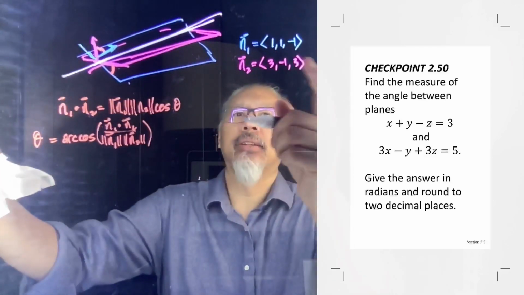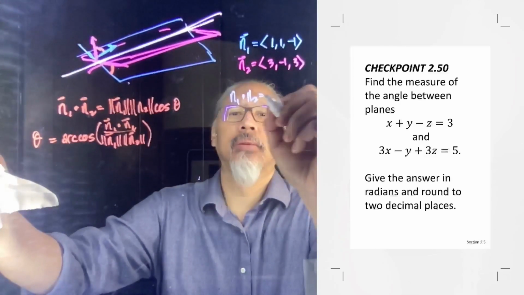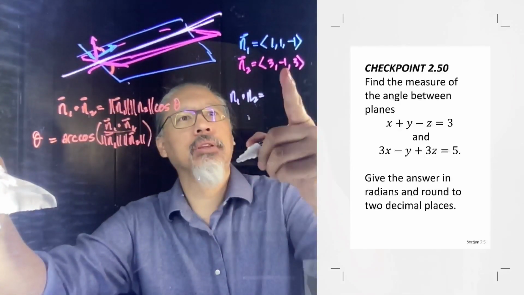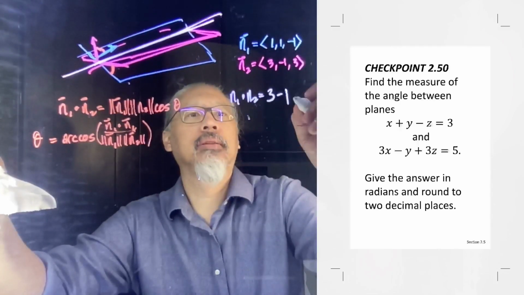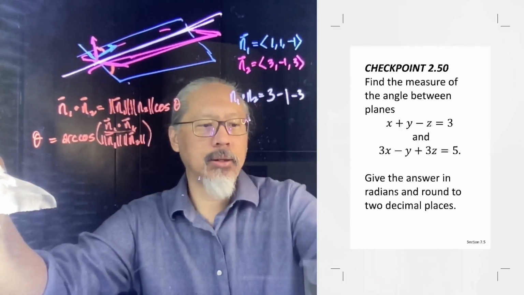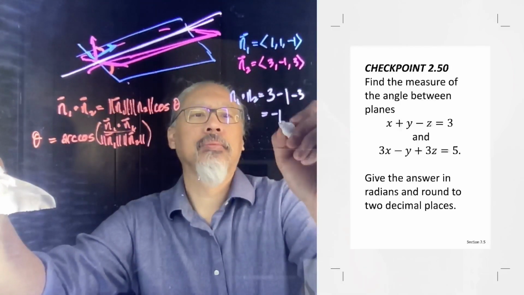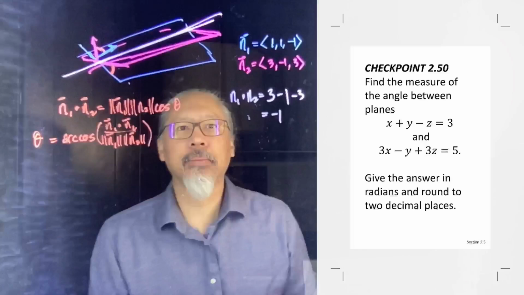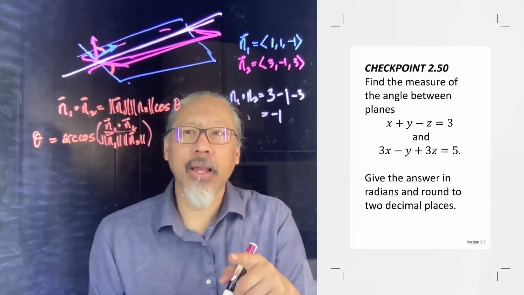Okay, let's find the dot product. n1 dotted with n2 is going to be 3 minus 1 minus 3, which is negative 1. Just a heads up: if it's negative, we know that's going to be an obtuse angle.